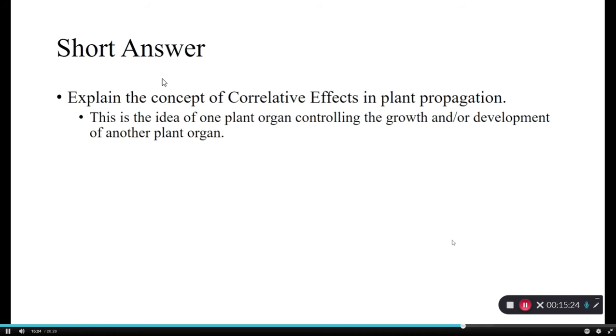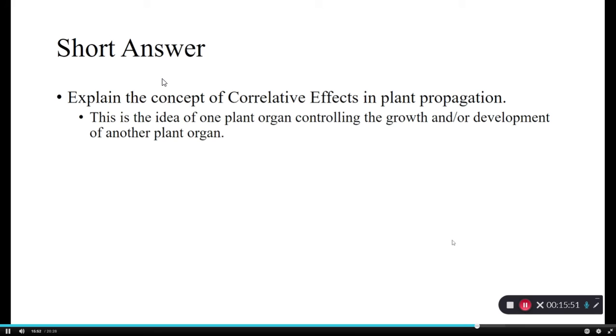Our next question is about correlative effects. This is a concept that we discussed in our section on root formation of cuttings. It's a concept that describes how one plant organ has control over the growth and development of another plant organ.